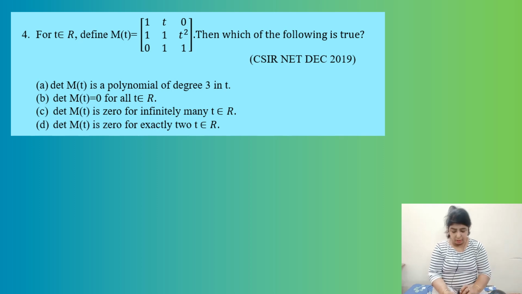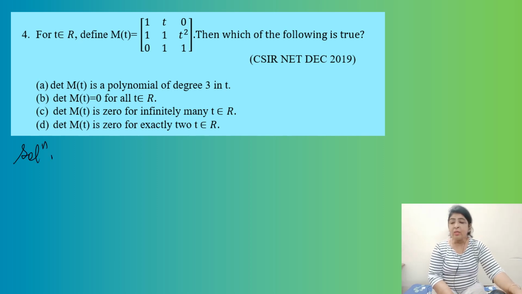Next question you have: let t belong to R, M_t is defined by the matrix given here. Then which one of the following is correct? Determinant of M_t is a polynomial of degree 3 in t. So first find the determinant of M_t. Say we find the determinant of M_t by expanding along R1.